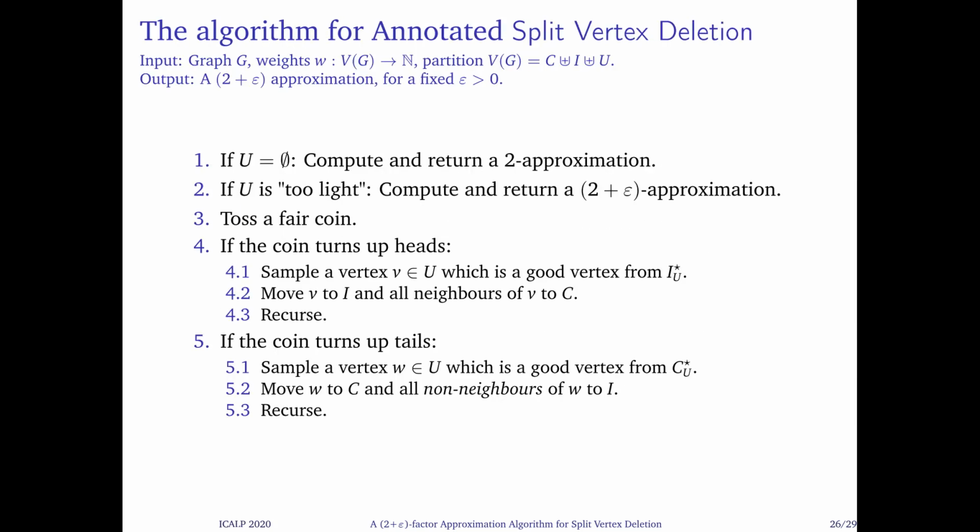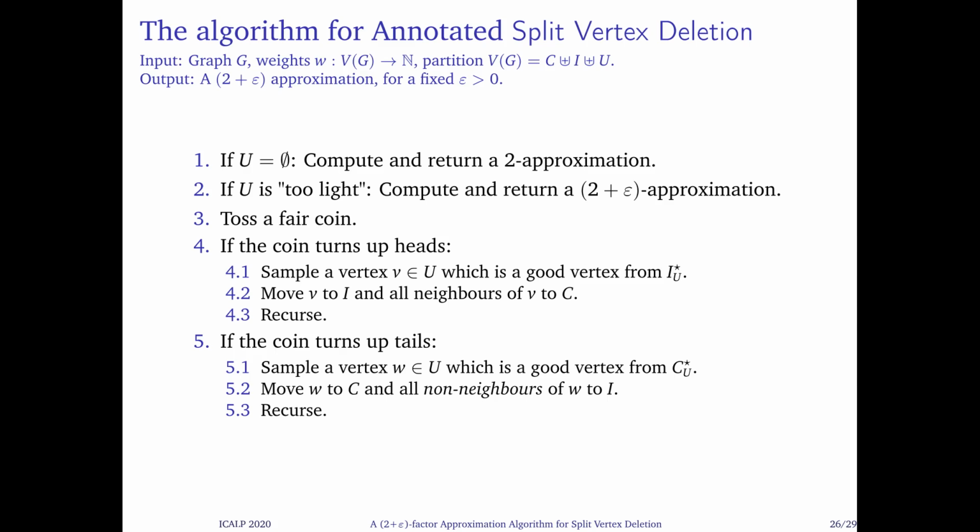So here is the algorithm for annotated split vertex deletion. If the undecided set is empty, then we compute and return a 2-factor approximation. If the undecided set is too light, then we compute and return a 2 plus epsilon factor approximation. If none of this happens, then we toss a fair coin.